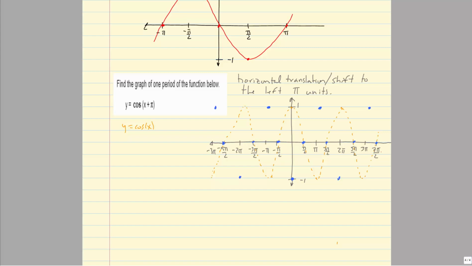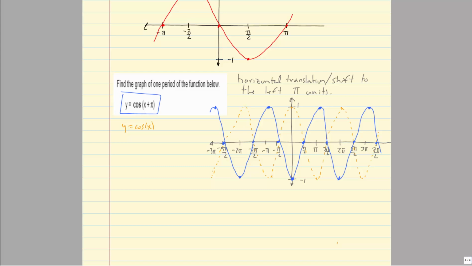Now this is a smooth curve, and my blue line is the actual graph, and you can just see that the orange line, if I just pick it up and move it to the left pi units, they would be identical. So y equals cosine x is in the blue. So again, it's a lot easier if I can recognize these and then just graph them based on the transformations.